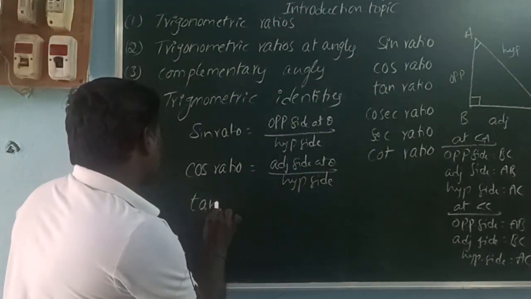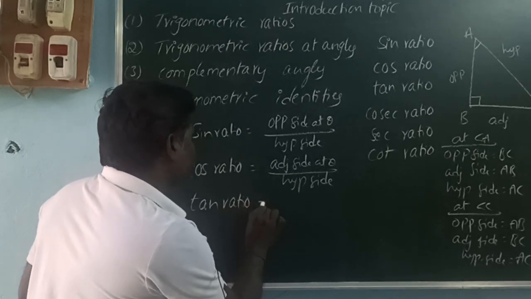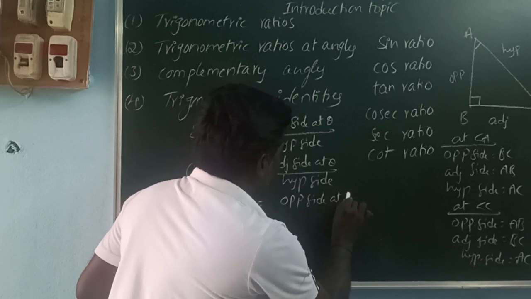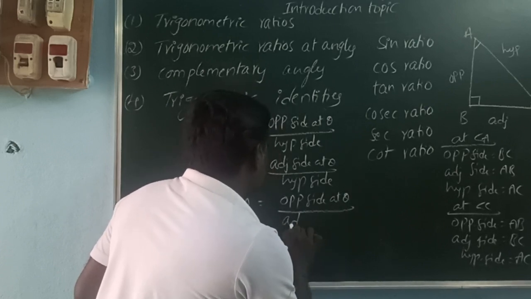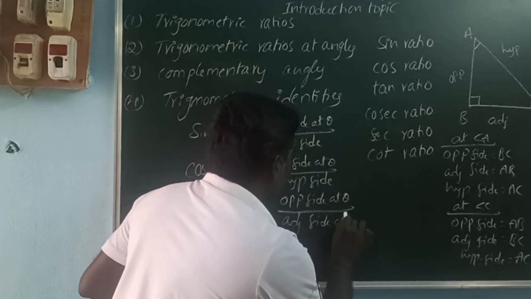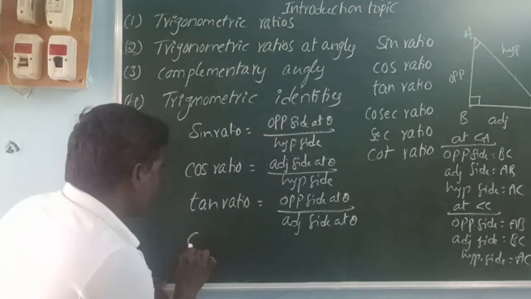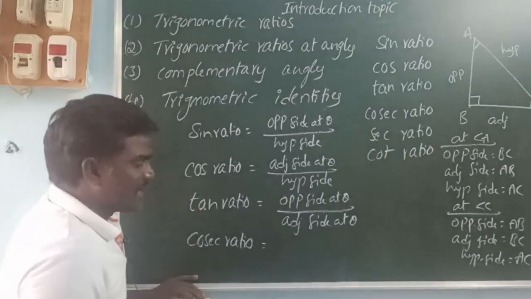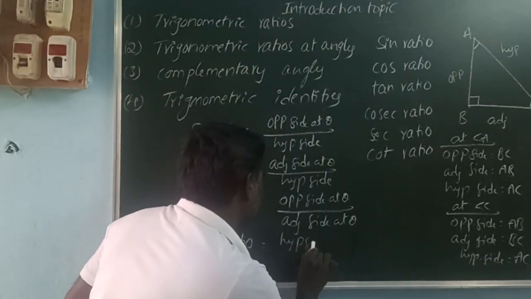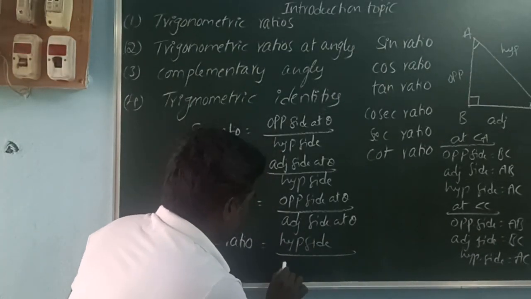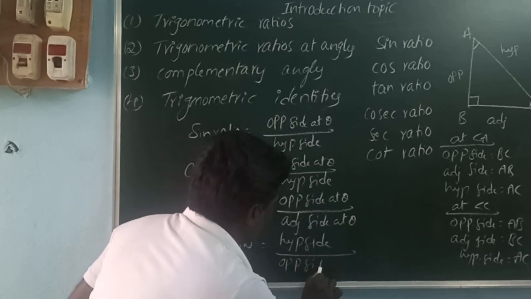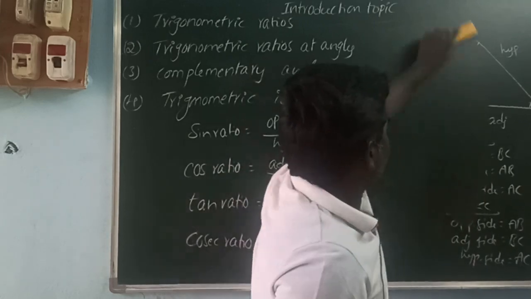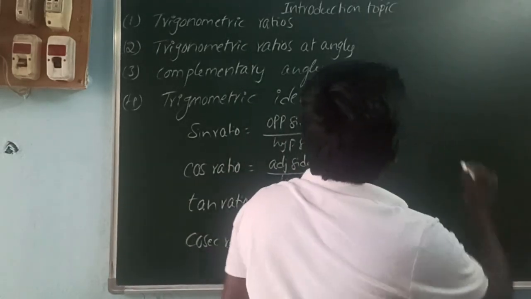Next, tan ratio. What is the tan ratio? Opposite side at angle by adjacent side at angle. So next, cosecant ratio. Cosecant ratio is hypotenuse side by opposite side at the given angle. So next, secant.